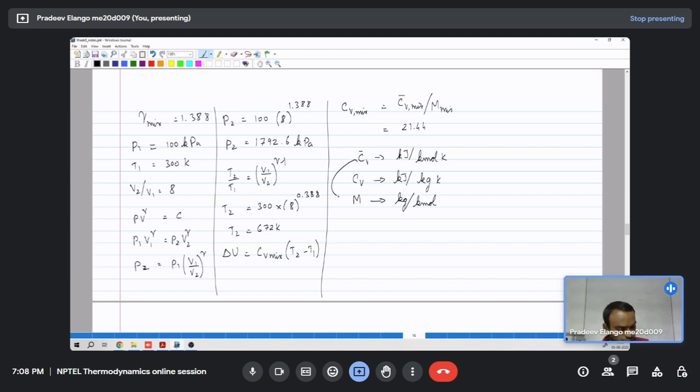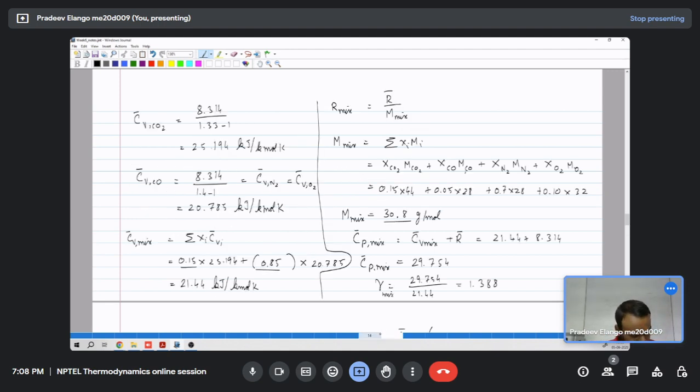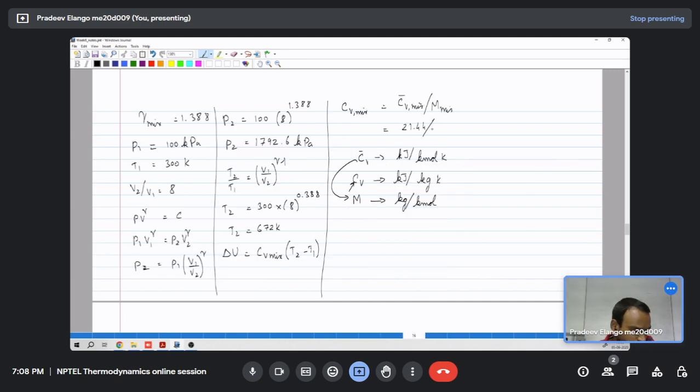So if you divide this by this, we get 30.8. So Cv of the mixture on mass basis can be calculated. That is 0.696 kilojoule per kg Kelvin.